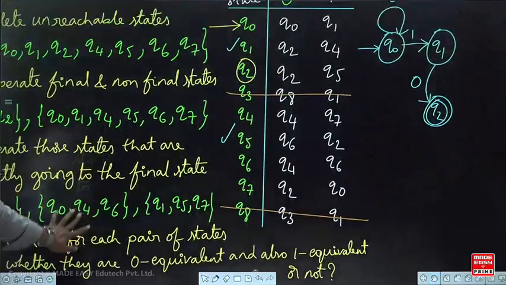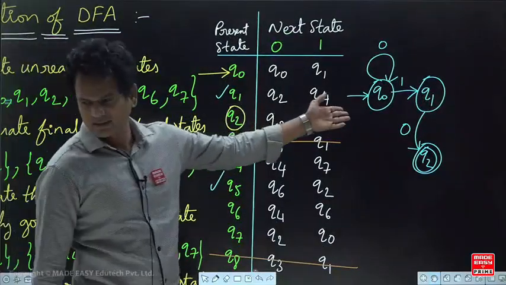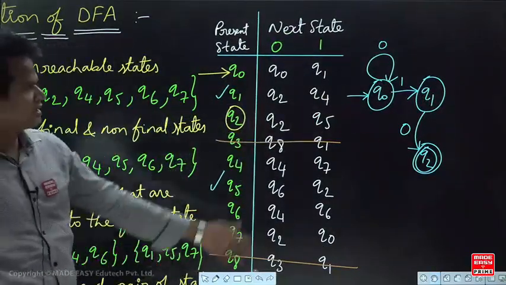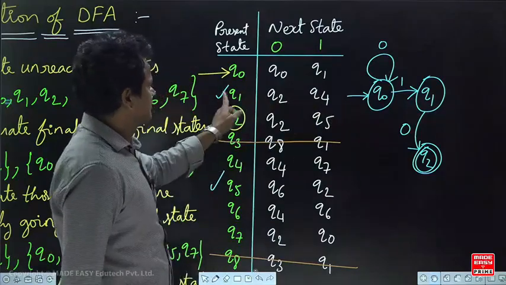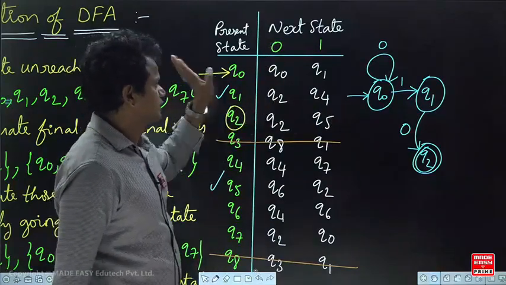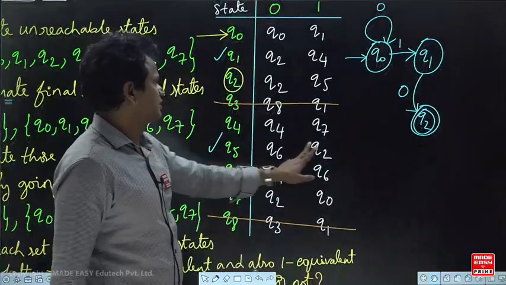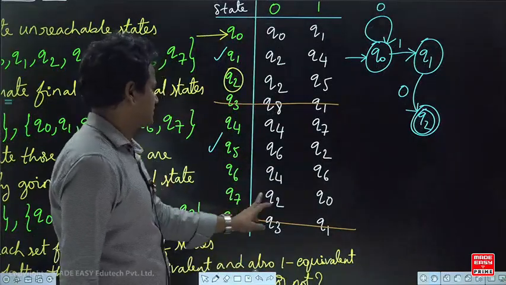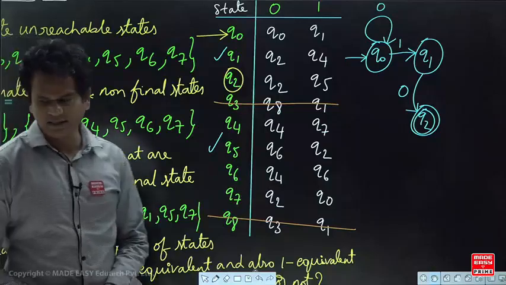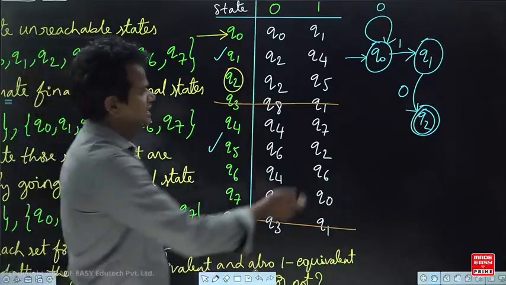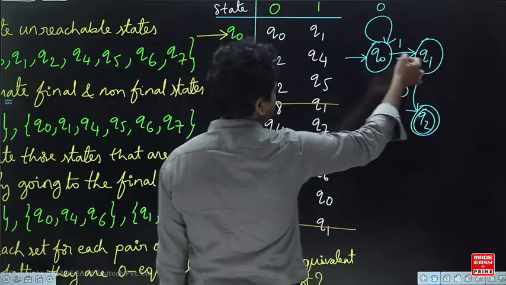Drawing the link diagram is not required, boss. Just wherever Q1 on 0 is going to final, Q5 on 1 is going to final, Q7 on 0 is going to final. Everything I am giving you is explained clearly. This diagram is not just for the example I have given.